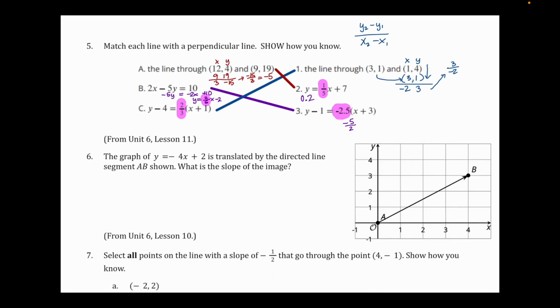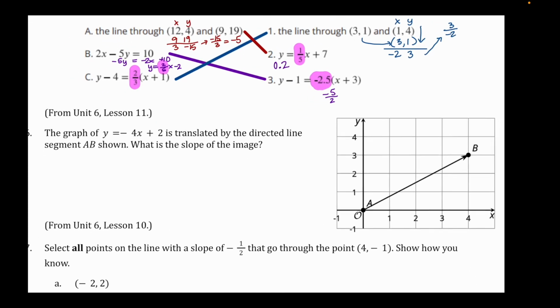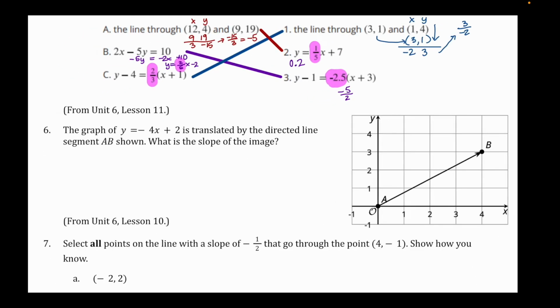That's going to bring us now to question 6. We have the graph of y equals negative 4x plus 2, and it's translated by a directed line segment AB shown. What is the slope of the image? Well, this is just finding the slope, but based on the translation. So we're not finding the slope of the translation.